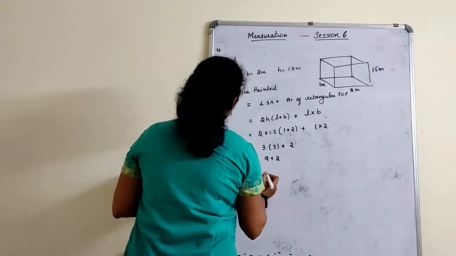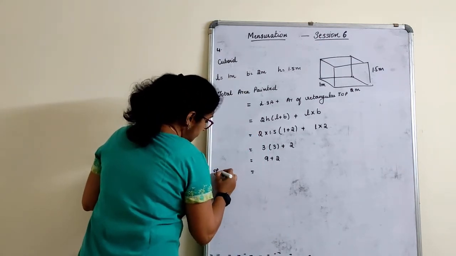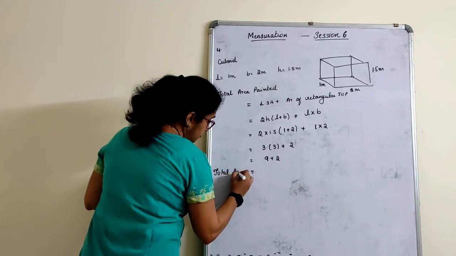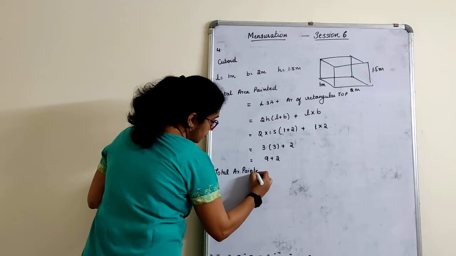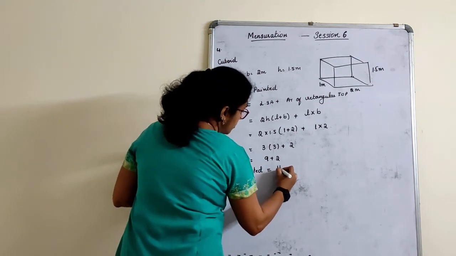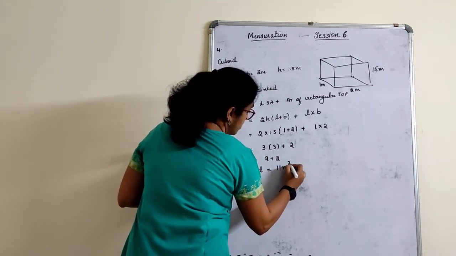So answer, total area painted, is equal to 11 meters square.